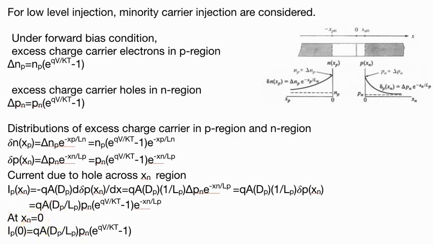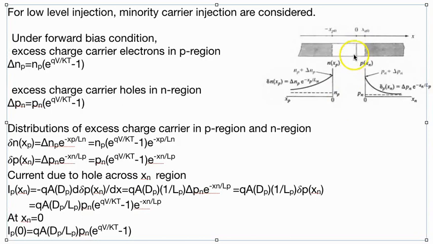At Xn equals 0, Ip0 is QA Dp over Lp Pn (e to the power QV/KT minus 1). Now here you can look at this diagram. I want to tell you that this is a dopant where the P region is heavily doped in comparison to the N region, thus the depletion layer extends more in the P region.